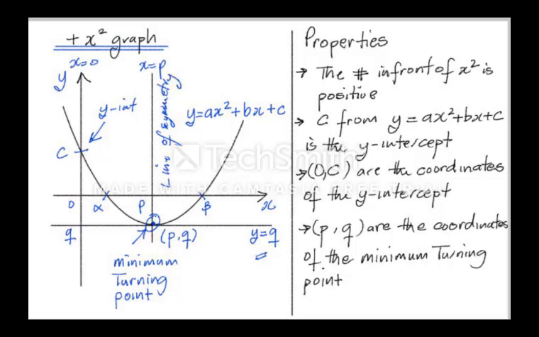What is the line of symmetry? The line of symmetry is a vertical line that passes through the turning point. Now all vertical lines are x lines. So x is equal to p is the equation of the line of symmetry.